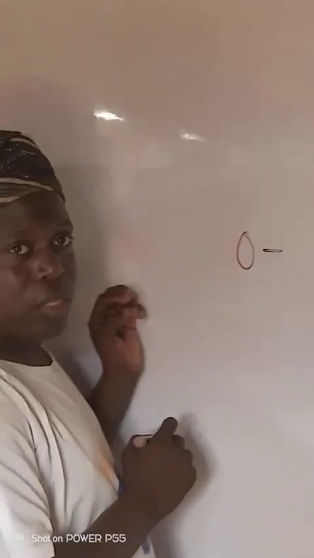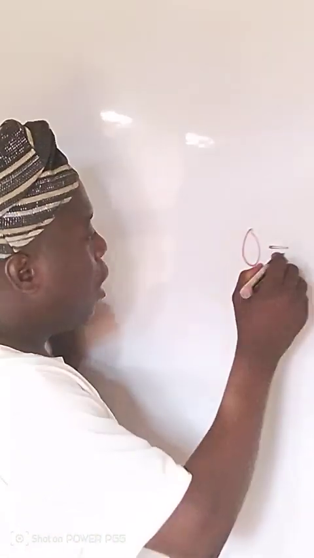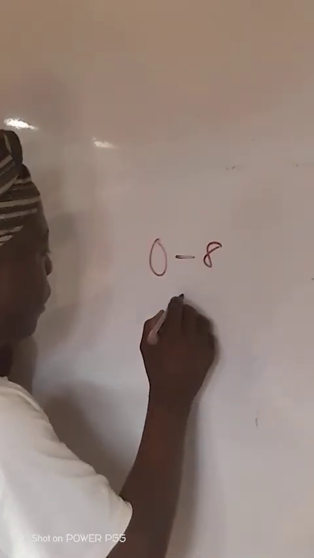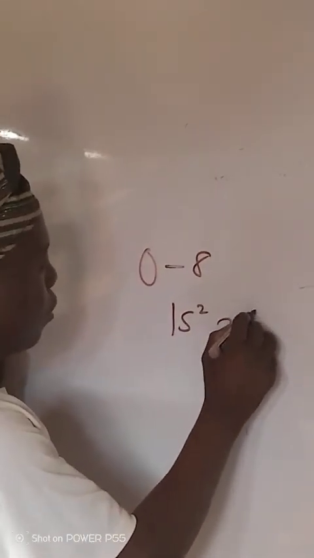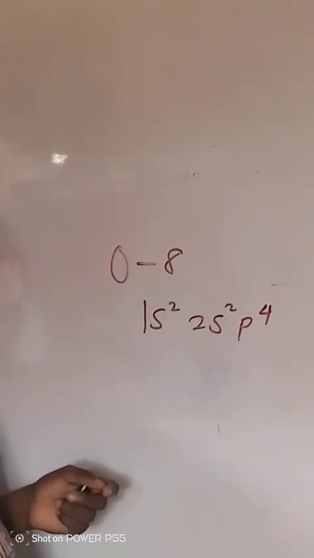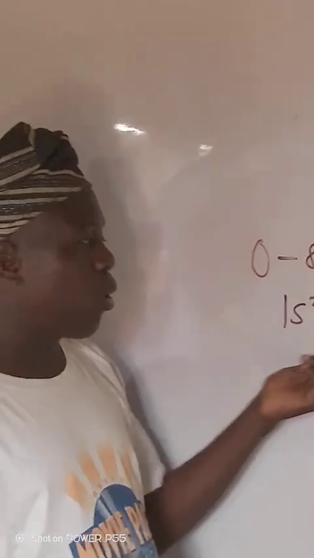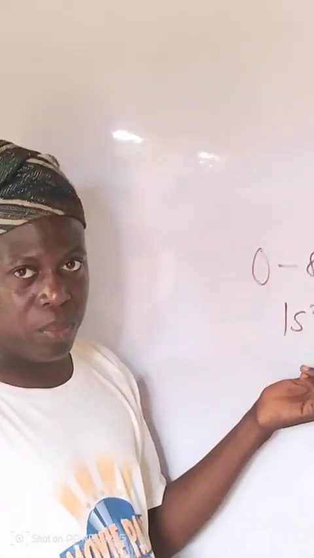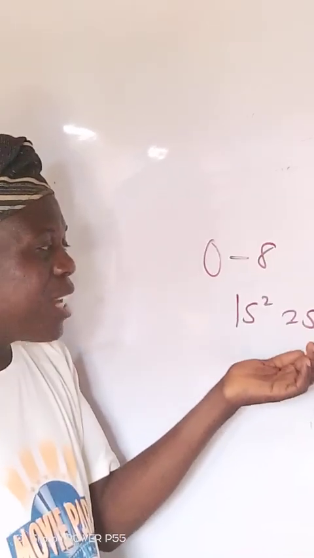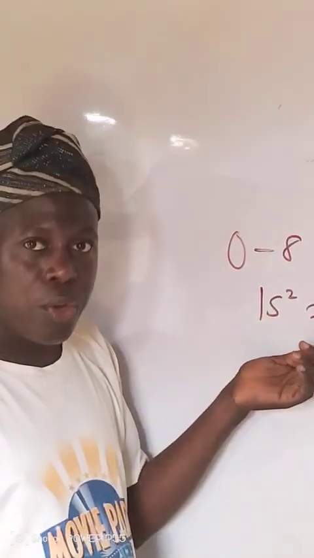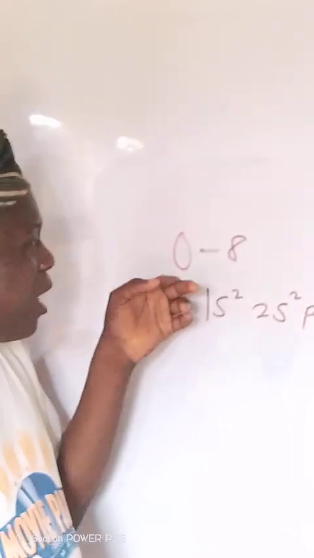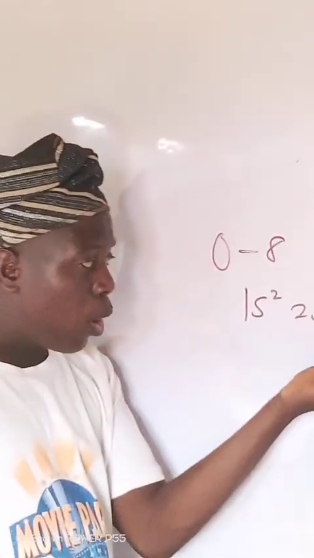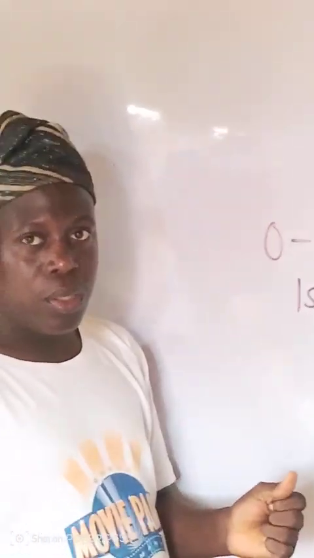Let me start from oxygen. Oxygen atom, atomic number is 8. 1s2, 2s2, 2p4. This is the electronic configuration of oxygen. If the question asks what block this element belongs to, it belongs to P block. Is that okay?